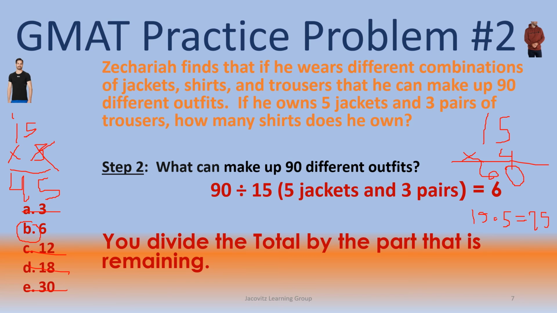And 15 times 6 is 90. So that's your answer. 0, carry my 3. 6 times 1 is 6, add 3 is 9, so 90. So 6 is definitely your answer.